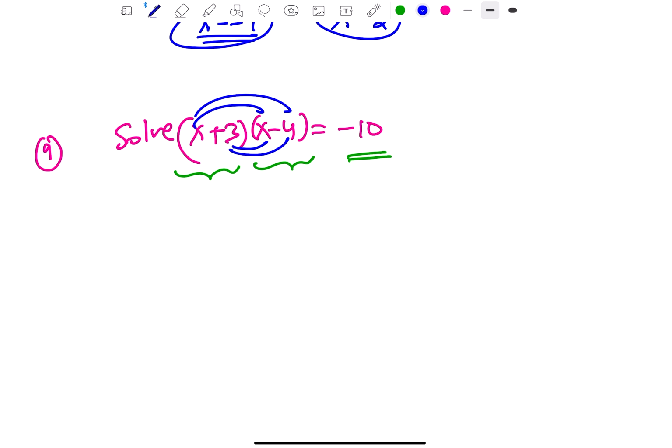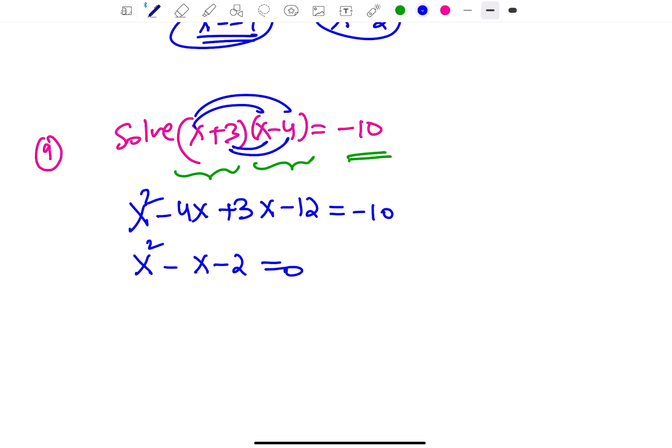Once we FOIL, we're going to bring everything to one side and then use the zero product property. x squared minus 4x plus 3x minus 12 equal to negative 10. x squared minus x. Negative 12 plus 10 would be negative 2. So here's our new equation. You can use the AC method or the bottoms up method. A here is 1, B is negative 1, C is negative 2.